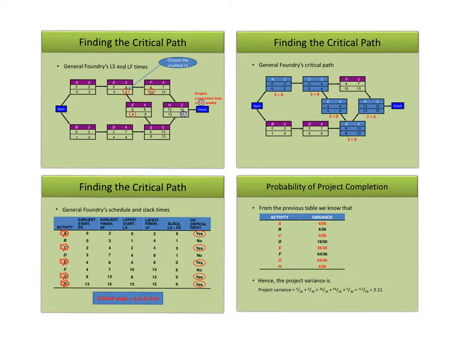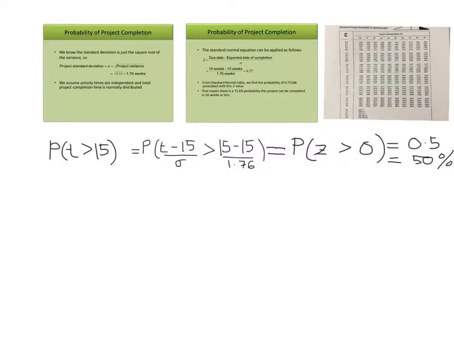So to get the project variance, we have to add all the variances for the critical activities, and that is 3.11 weeks. Okay, so the project variance is 3.11 weeks.